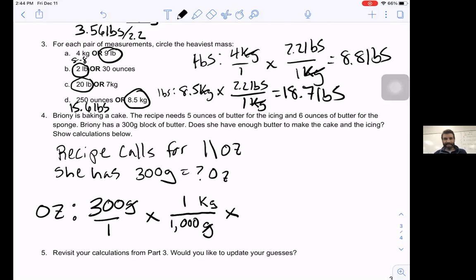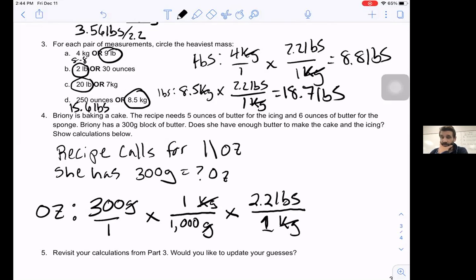I know I can get from kilograms to pounds, right? So 2.2 pounds is the same as 1 kilogram. I'm not going to ask you to do this on the test, but I thought it would be a nice introduction to unit cancellation or unit conversion.